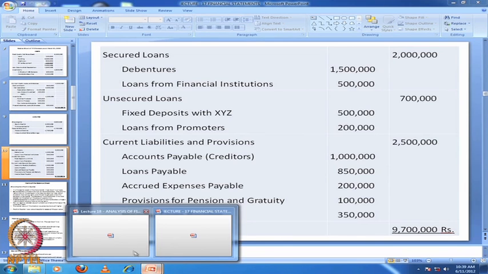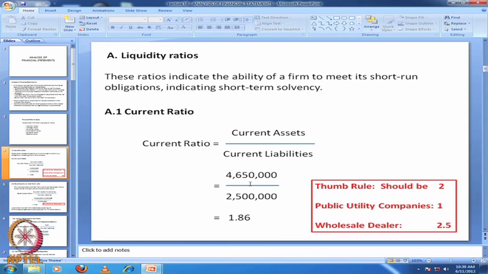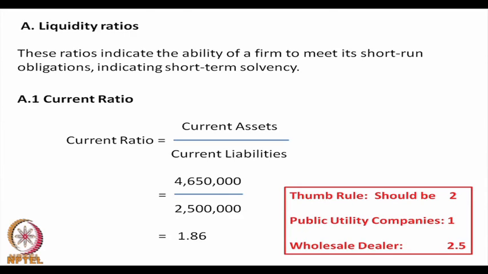So, the ratio of current assets to current liabilities is 4,650,000 divided by 2,500,000, which comes to 1.86.